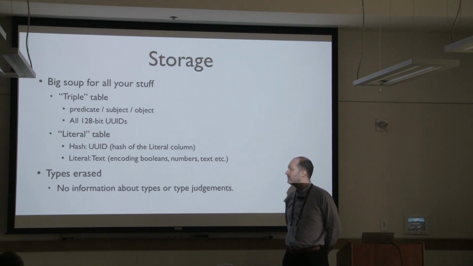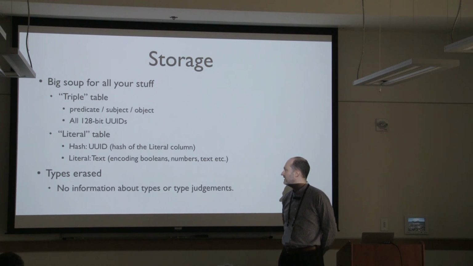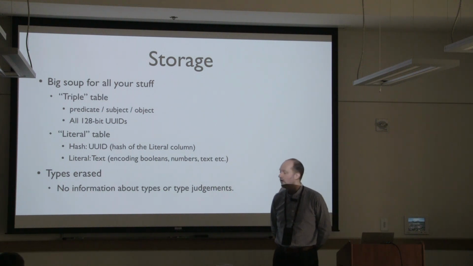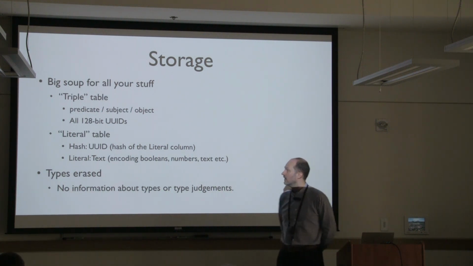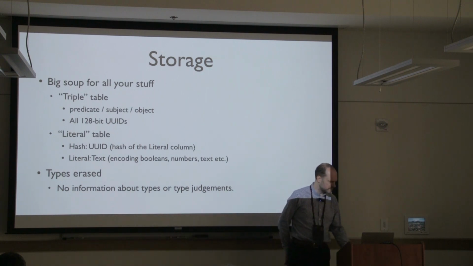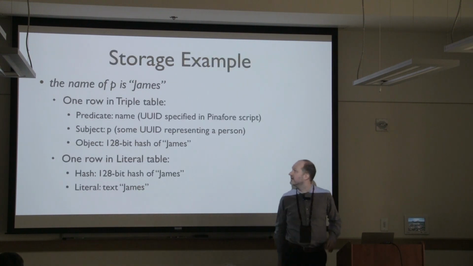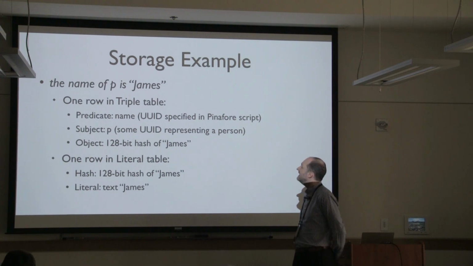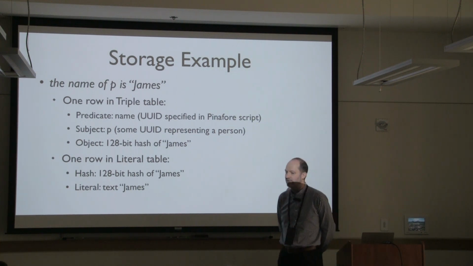Pinafore erases types. It does not store information about the structure of types, nor does it store information about what values have what types. They're completely erased. So here's an example. The name of P is James. So P is going to be some value of type person, say. And that person is basically a wrapper around a UID.